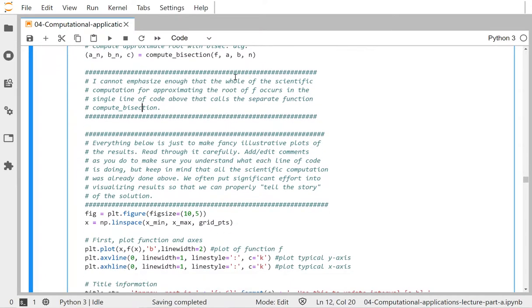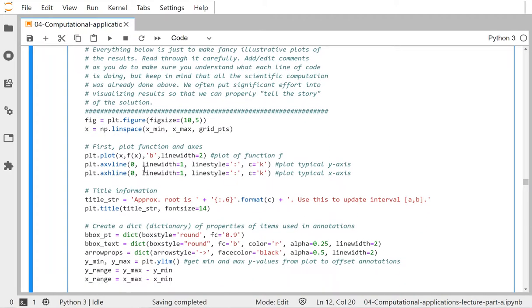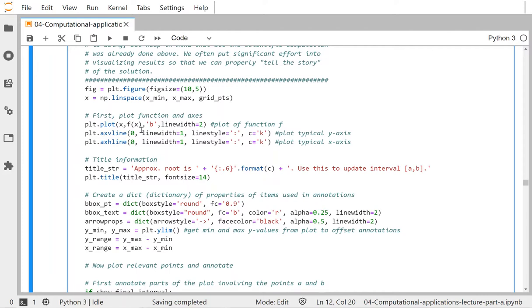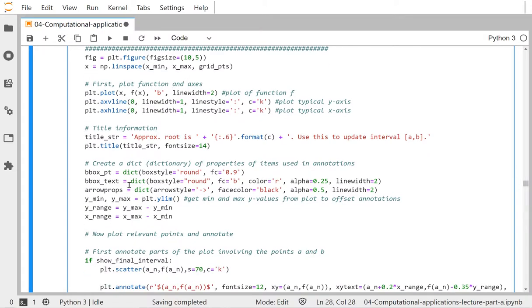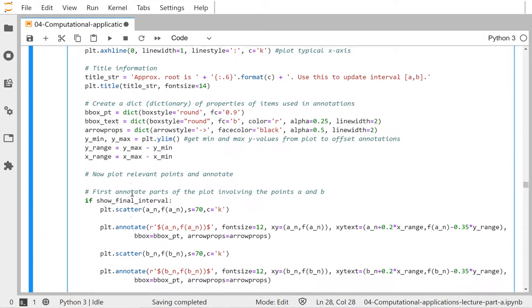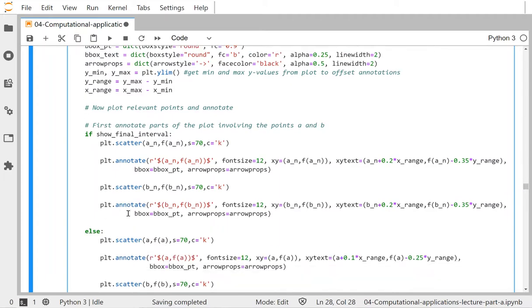All that happens below, and I cannot emphasize this enough, is the fancy type of plotting things we've seen at the very first recorded lecture, the very start of this notebook. So we create a figure, we plot the function, I'll add some spaces here, I'll make things nice. And then what we do is we create dictionaries and annotations and scatter plots to help tell the story.